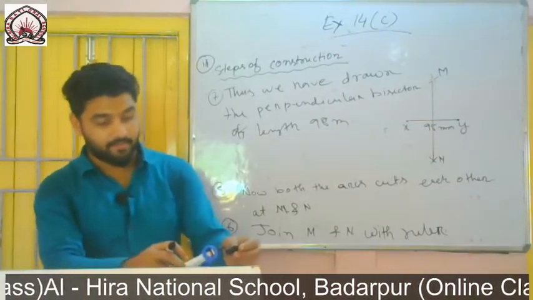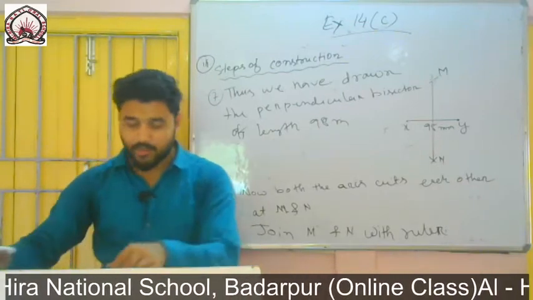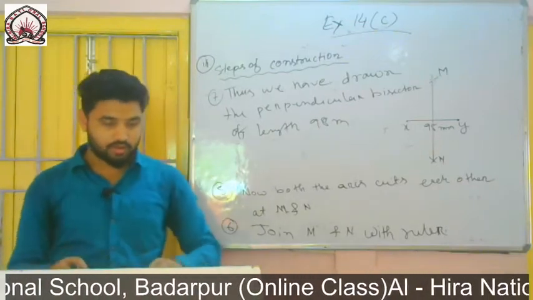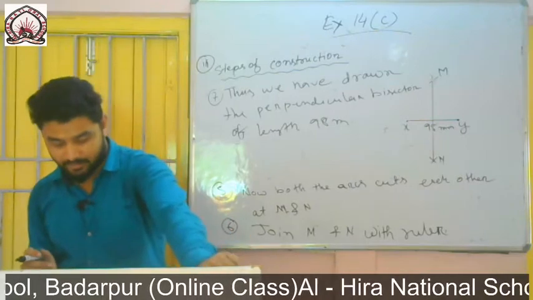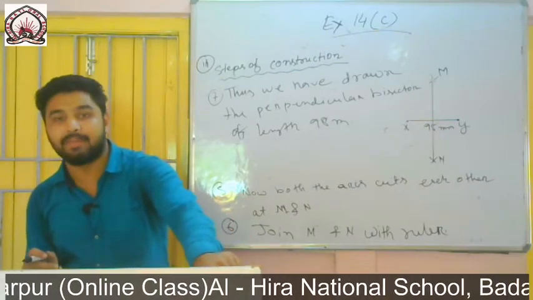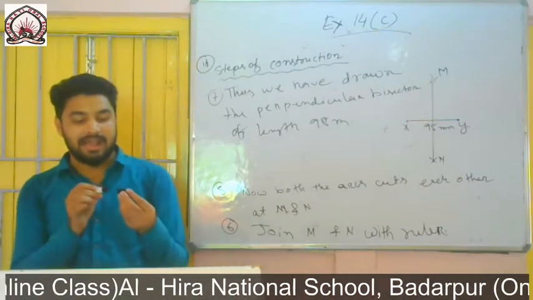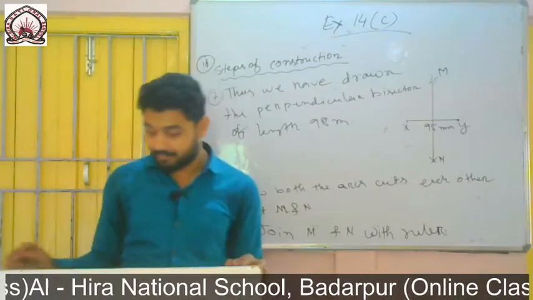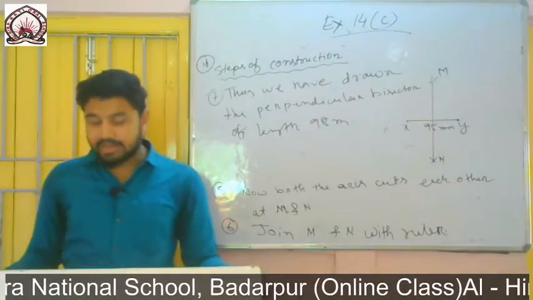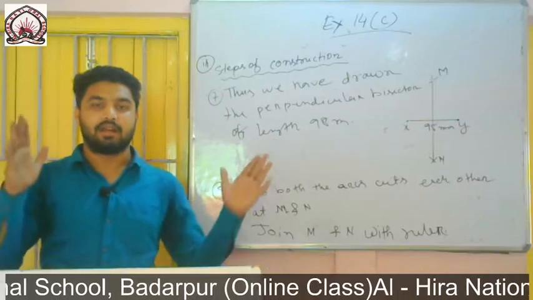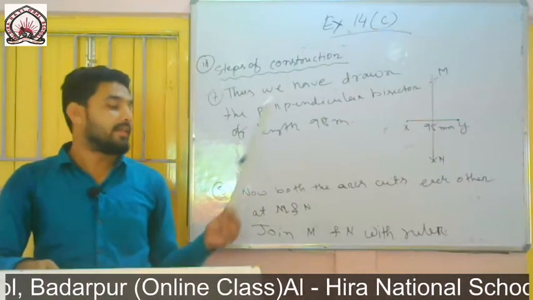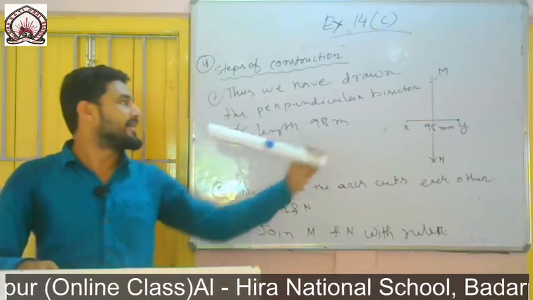Now come to question number 2. So follow question number 2. What is written? Draw a line segment AB, 10 centimeter long. We have to take from this scale 10 centimeter.